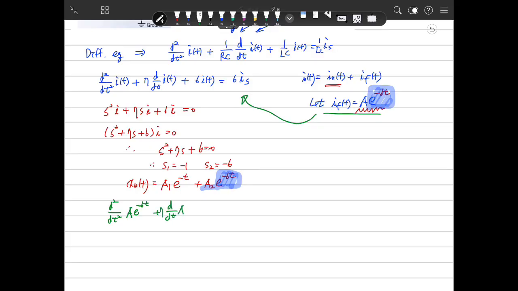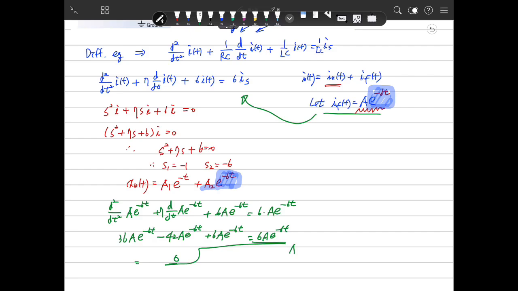7 d/dt of A exponential minus 6t plus 6 A exponential minus 6t will be 6 A exponential minus 6t. Then 36 A exponential minus 6t plus minus 42 A exponential minus 6t plus 6 A exponential minus 6t is 0. Then 6 A exponential minus 6t is weird.